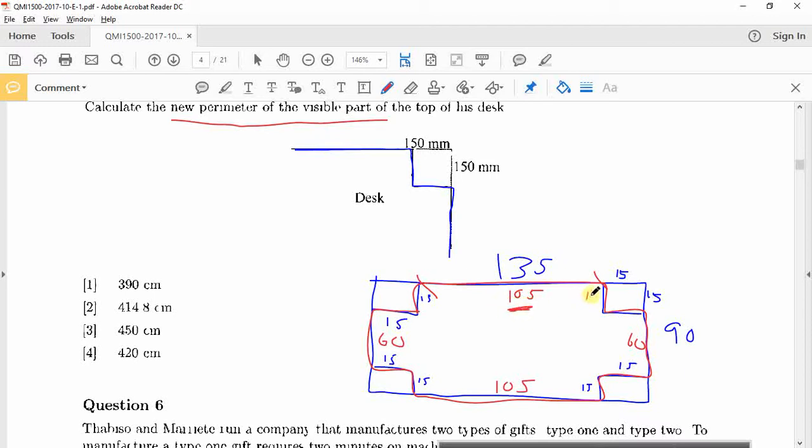I'm adding all those lengths. Yes. Okay. 450.